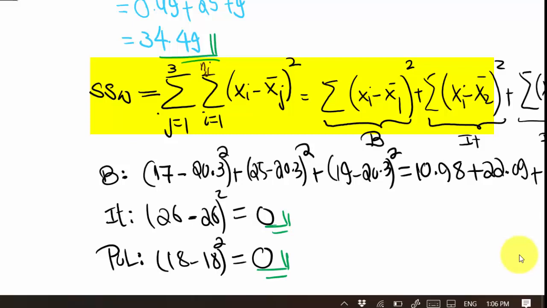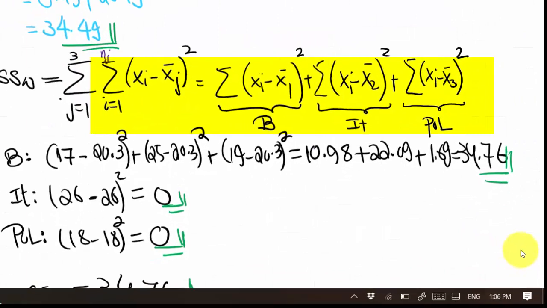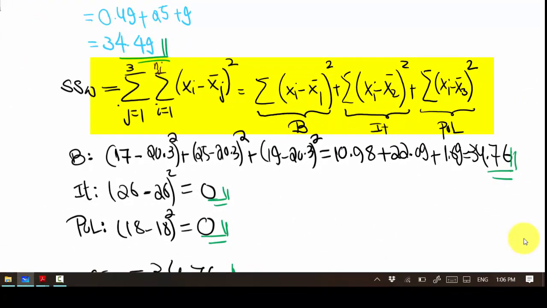That is the sum of xi minus x1 bar, because x1 bar is the average among business students, squared, plus the sum of xi minus x2 bar squared, where x2 bar is the average of age among IT students, and xi minus x3 bar, where x3 bar is the mean of age among political science students.